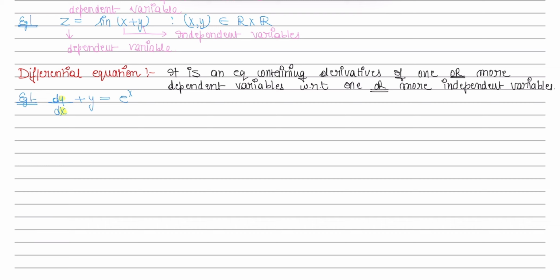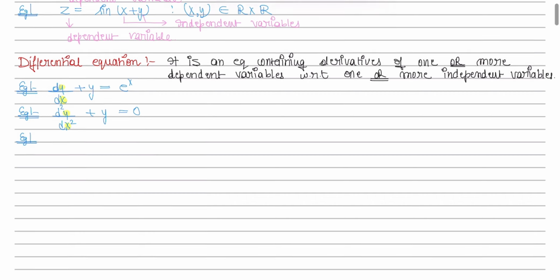So in this equation we have only one dependent and one independent variable. Another example, d square y by dx square plus y is equals to 0. Again we have only one dependent and one independent variable.